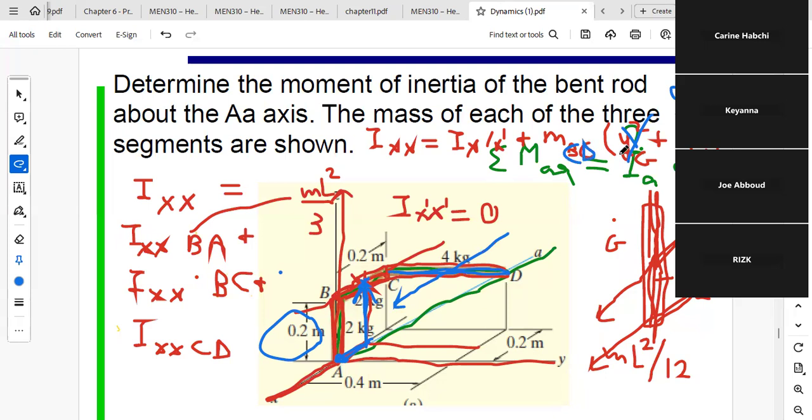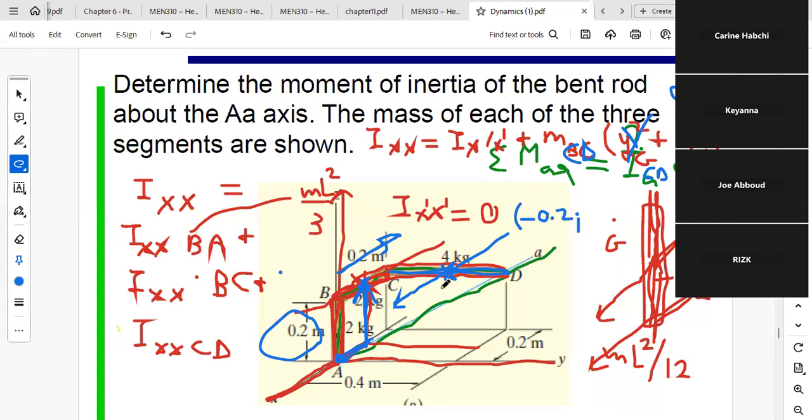Okay, now I have the same formula, but now I need to compute it for G of CD. So I need to evaluate the coordinates YG of CD and ZG of CD. This is the center of CD, it's here. So to evaluate the coordinates of this point, first, X of this point, according to the figure, is minus 0.2.